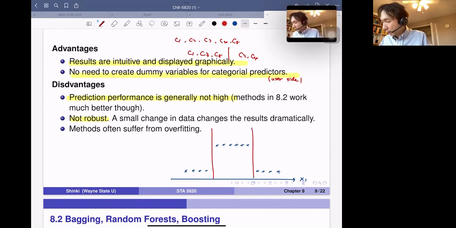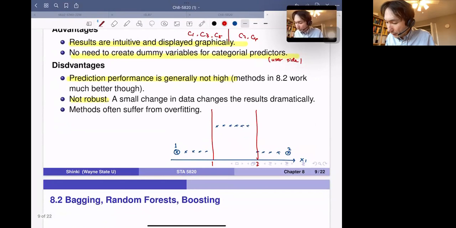If we have one more observation here, then the split is here. If it does not exist and we have one more observation here, then the split is here. So only a slight difference in data gives dramatically different results, so it's not robust.